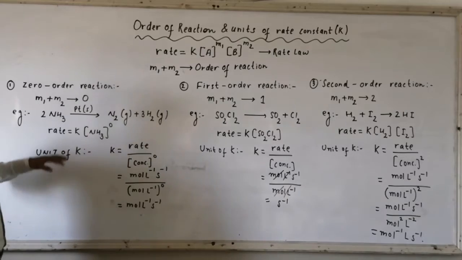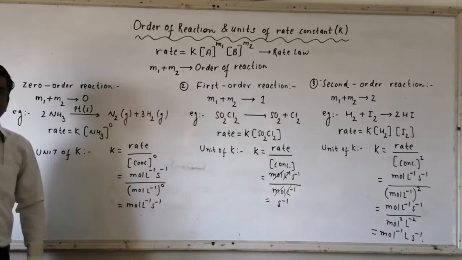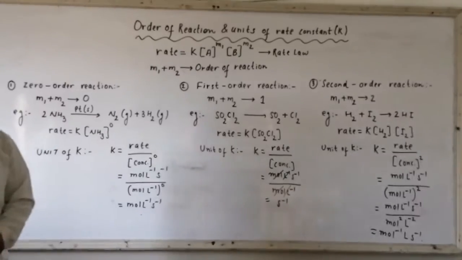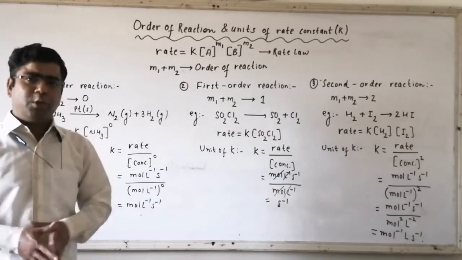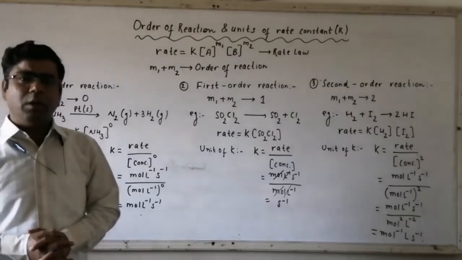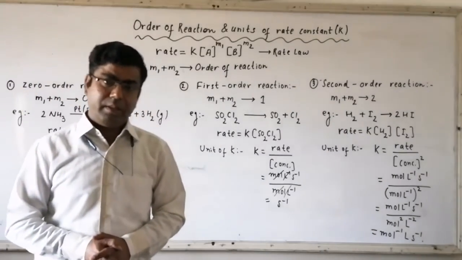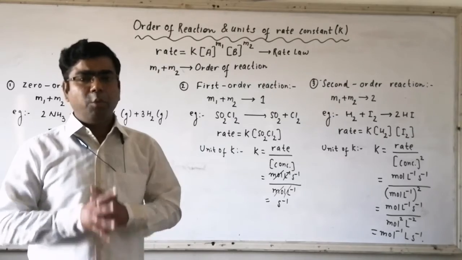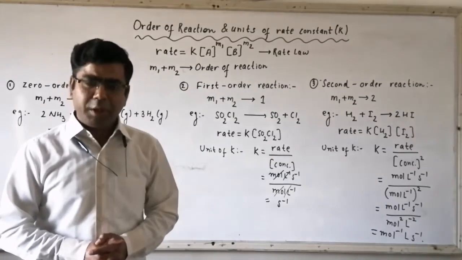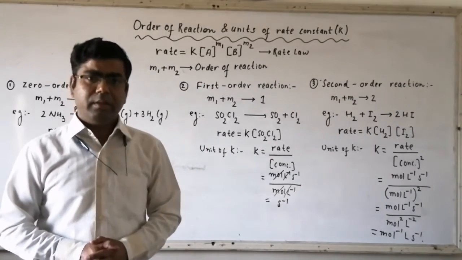For this, let us take example of decomposition of ammonia over platinum surface. Ammonia molecules get absorbed on the surface of platinum, and there ammonia molecules undergo decomposition or dissociation.